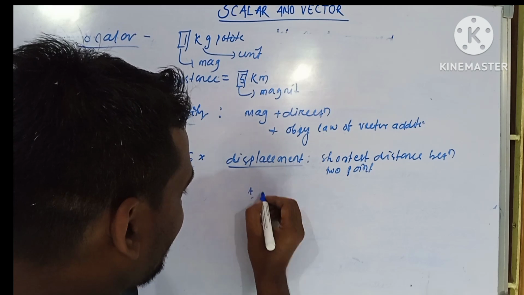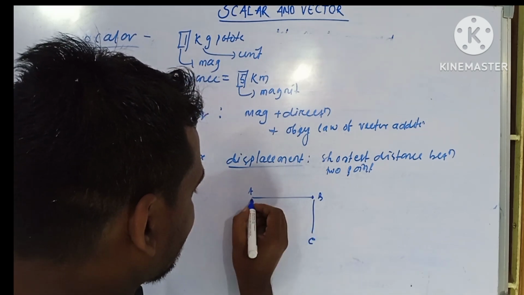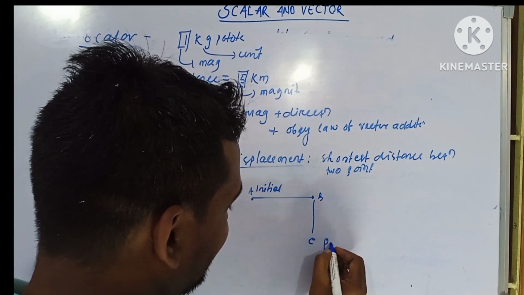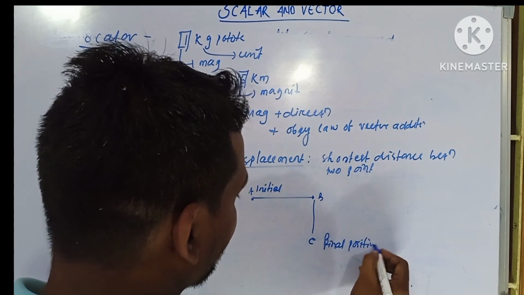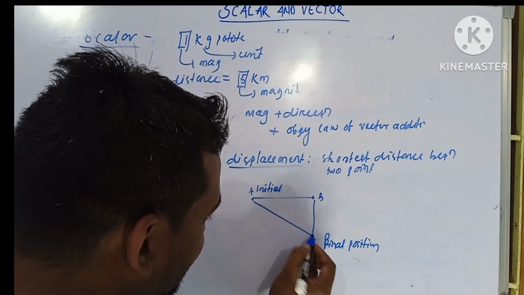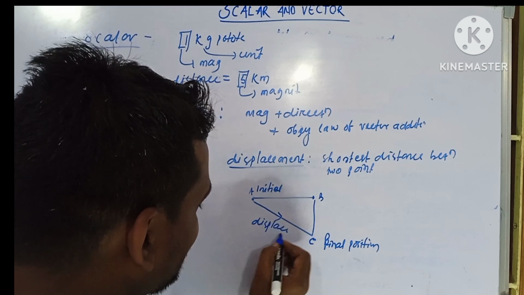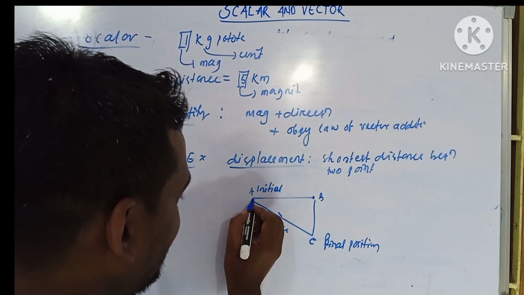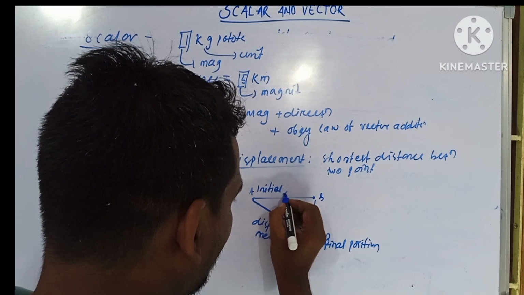Suppose I have to go from point A to B, then to C. A is the initial position of mine and C is the final position. If we draw a straight line from A to C, that gives the displacement. The distance between the initial position and the final position is called the displacement.